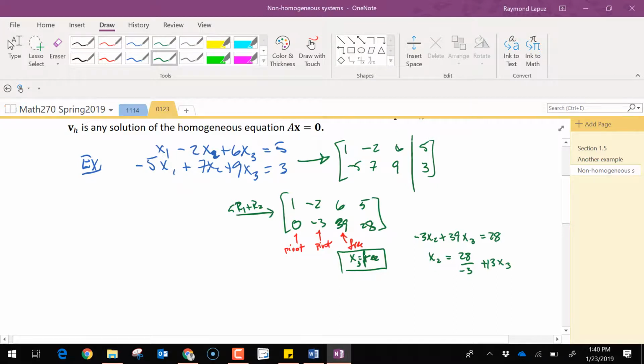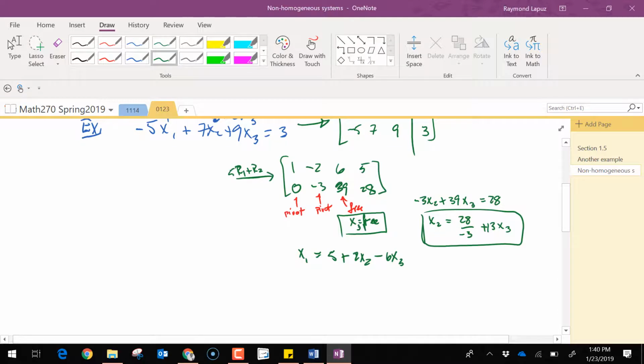All right. So I have a constant, negative 28 over 3, and then I have 13x3. That's what my x2 is equal to. My x1 is going to be 5 minus 2 plus 2x2 minus 6x3, and then I'll drop the information for x2.